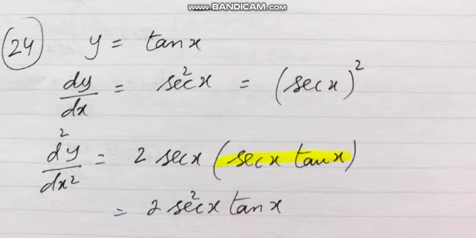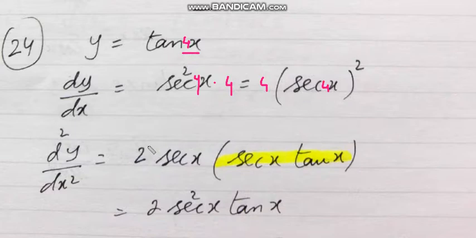Suppose the same question is given like this, tan of 4x. So the derivative of tan 4x will be secant² 4x, and then the derivative of the angle, that is 4x, would be 4. Now the 4 as it is, and this term will be enclosed within the square.